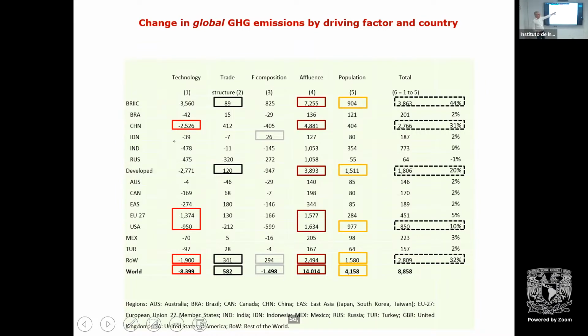Improving their emission intensities led to a decrease of 2.5 gigatons globally. At the same time, China also became more wealthy, and the change in their consumption per capita increased global emissions by approximately 5 gigatons. So that is how you should read the numbers.